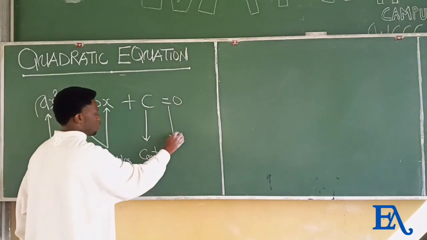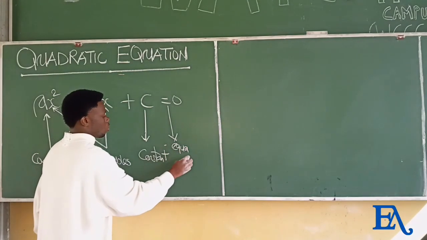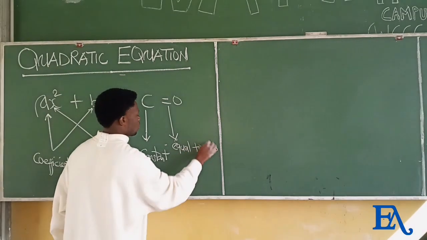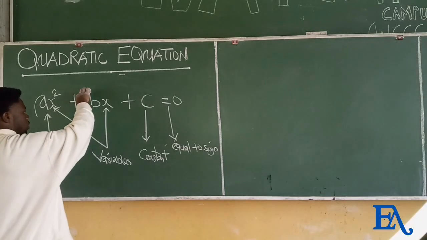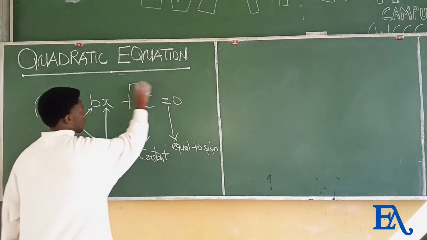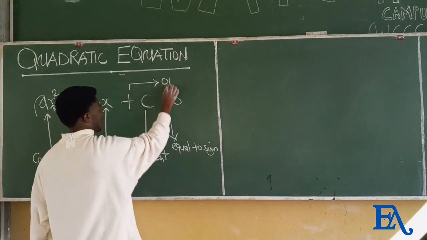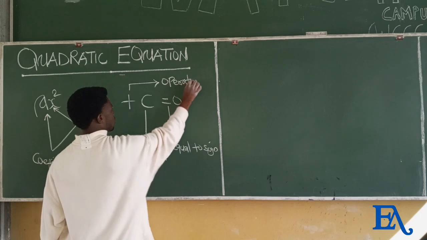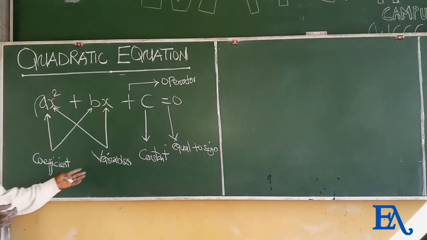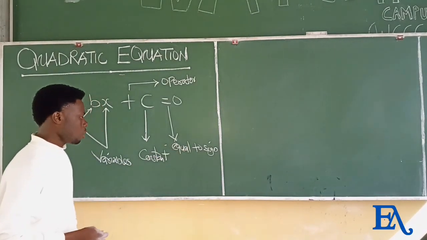Therefore, this symbol represents an equality sign, or equal to sign. Then these two are called mathematical operators. So we are going to make use of these terminologies: coefficients, variables, constant, equal to sign.